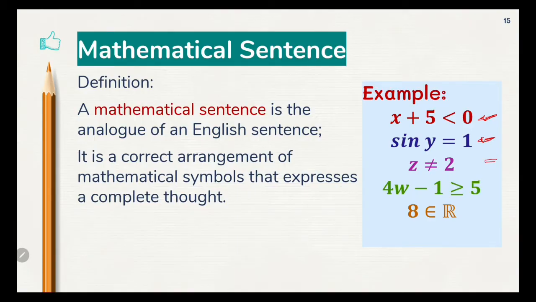Or z is not equal to 2. Or 4w minus 1 greater than or equal to 5. Or 8 is an element of real numbers. So these are mathematical sentences. If you notice, you'll be able to see relation symbols like less than, equal, not equal, greater than. Okay, the same with element. So that is a mathematical sentence.